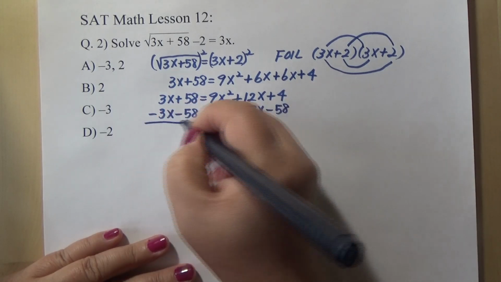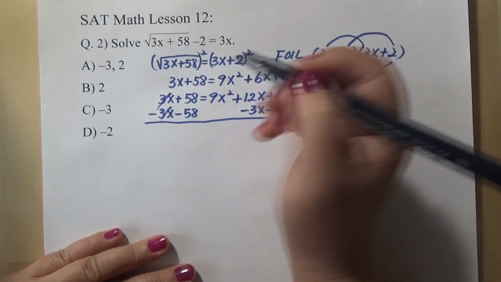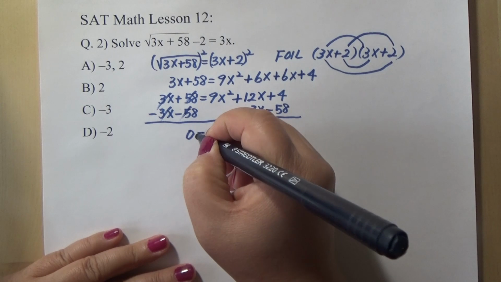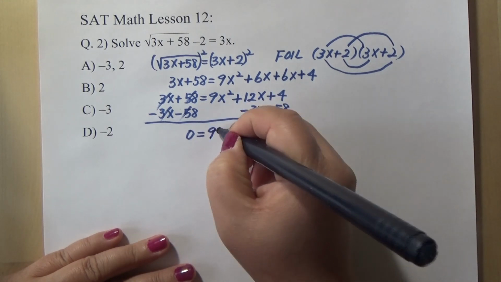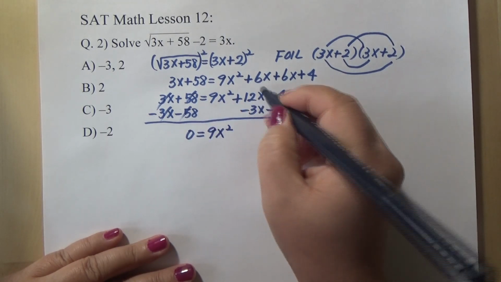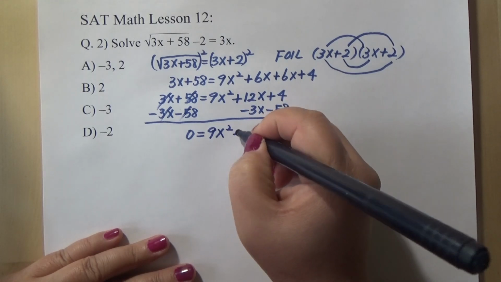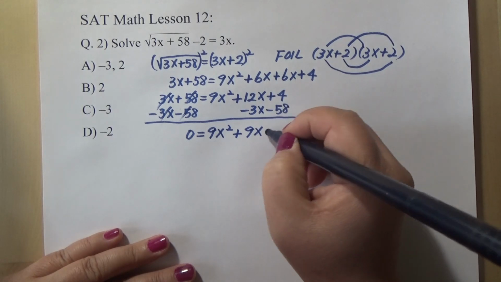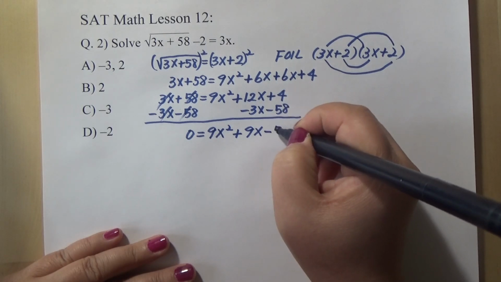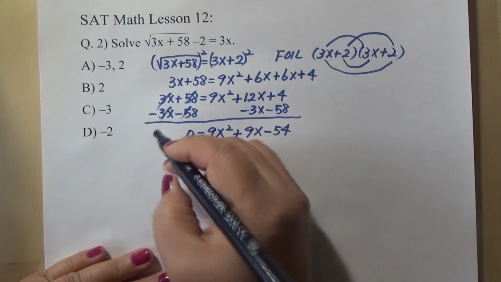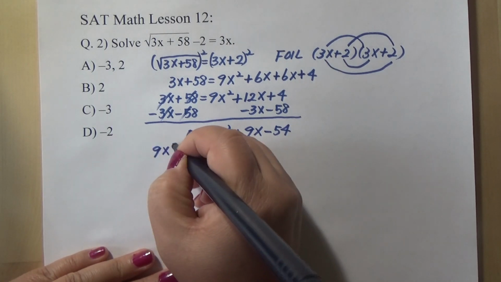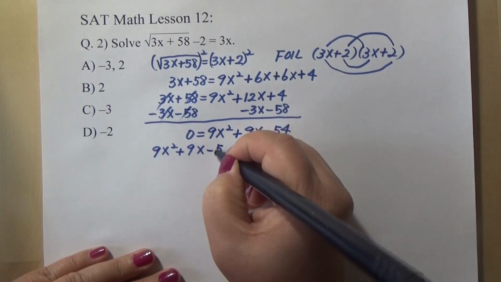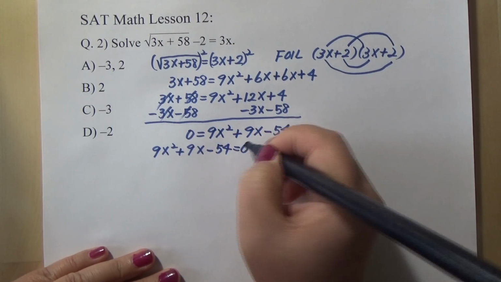Okay, so this and this will be gone, this and this will be gone, and the left side will be 0, which is equal to 9x squared, and 12x minus 3x is positive 9x, and 4 minus 58 is negative 54. So I'm going to rewrite over here: 9x squared plus 9x minus 54 is equal to 0.